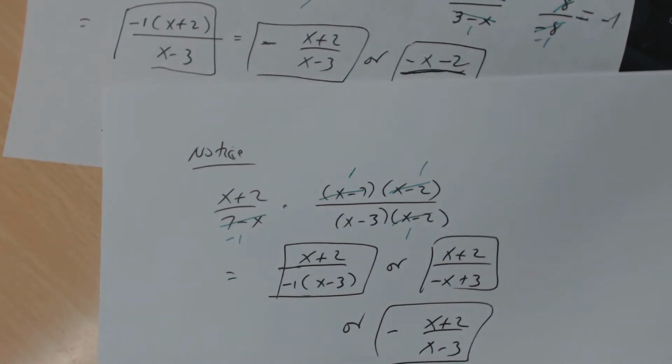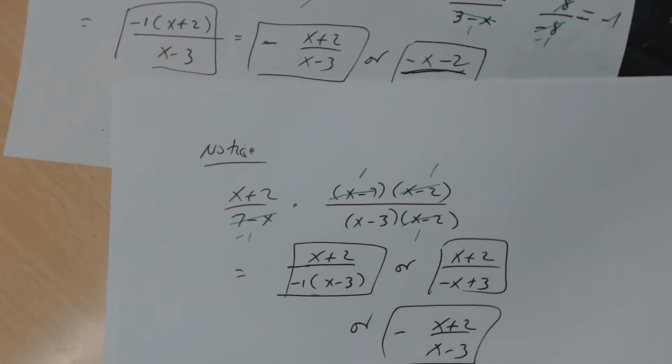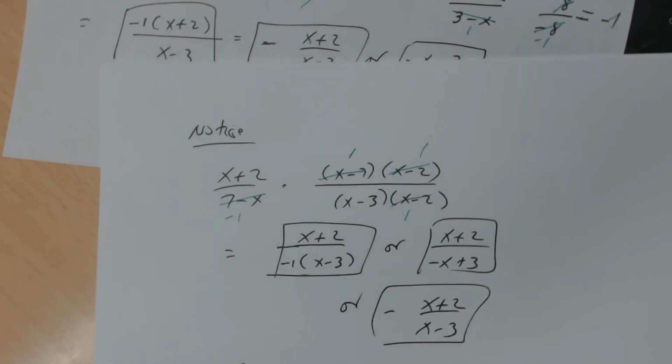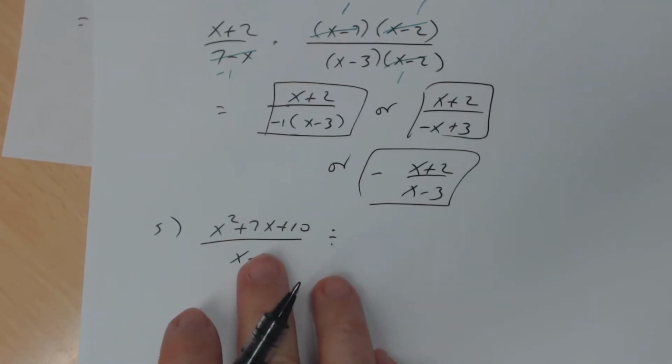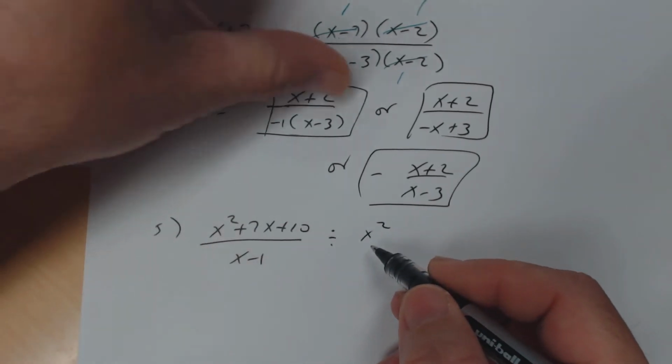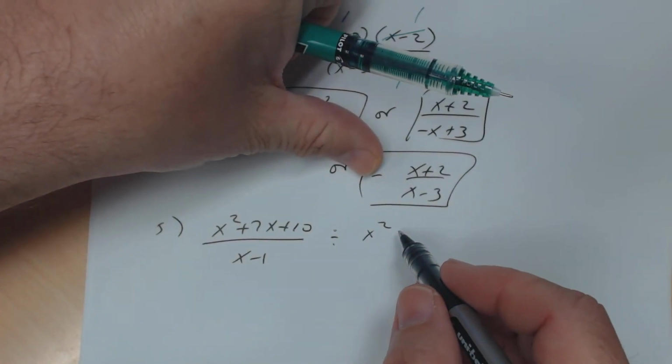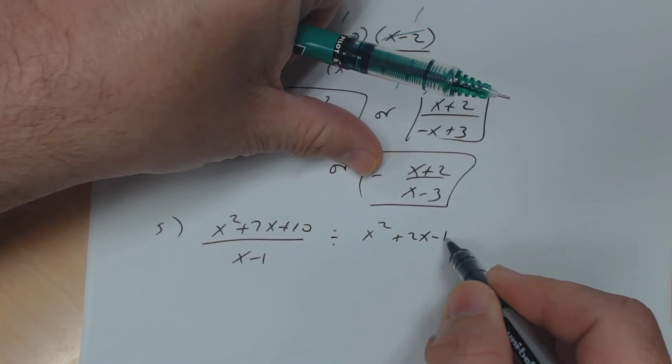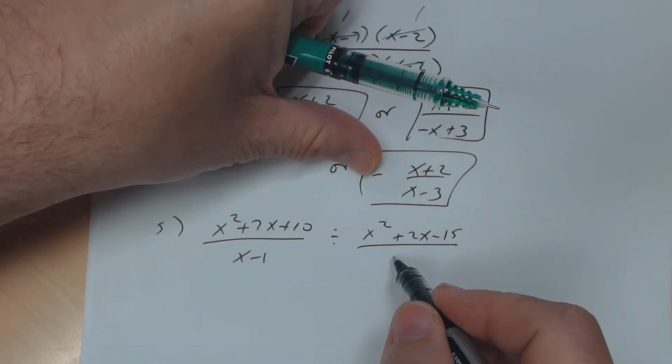Okay, so let's look at 1 or 2 more. So let's suppose we had this one, x squared plus 7x plus 10 divided by x minus 1. And that fraction has been divided by x squared plus 2x minus 15 divided by x minus 1.